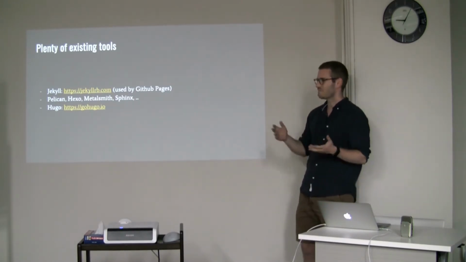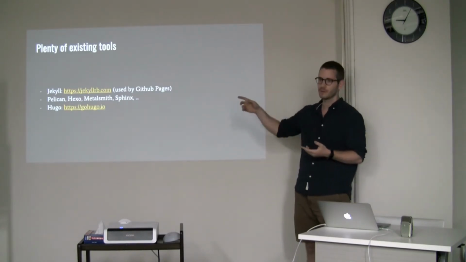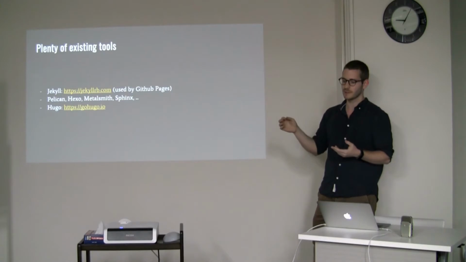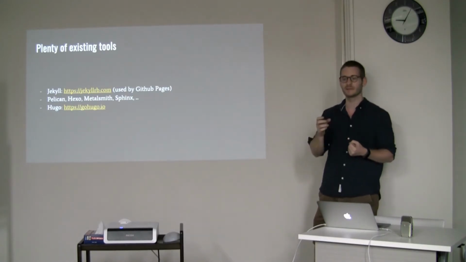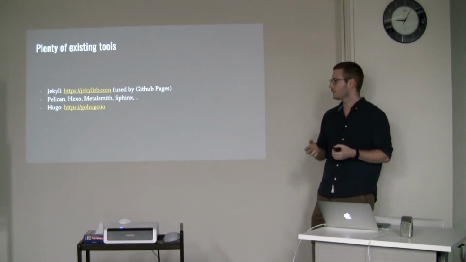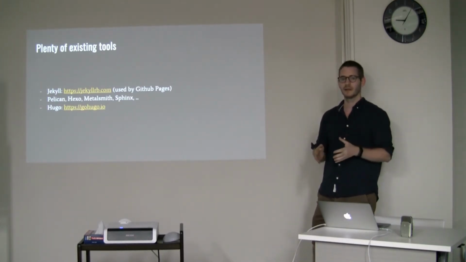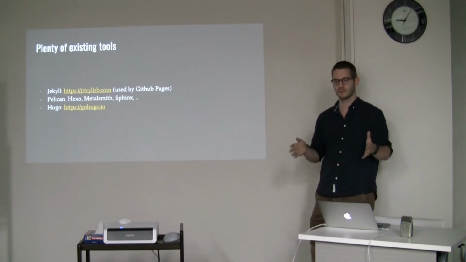And I guess the latest and most used one now is called Hugo, which is written in Go, which means that you get a single binary. You can just download the equivalent of an exe on Windows, or whatever it is on Mac, but you don't have to download anything else. You just have a single binary, and you get all the features directly there.